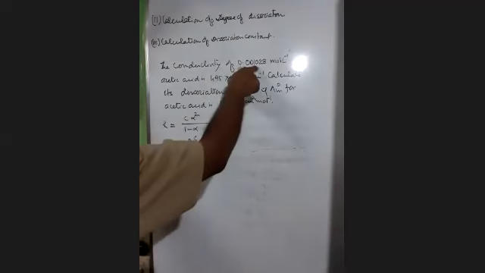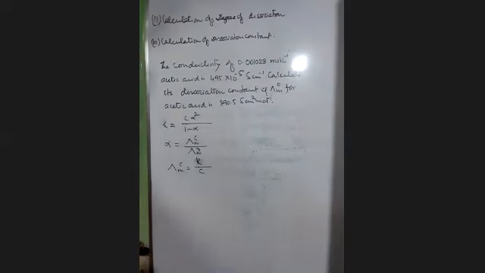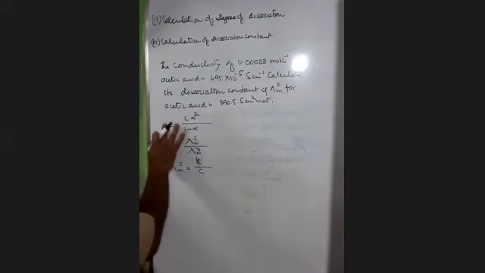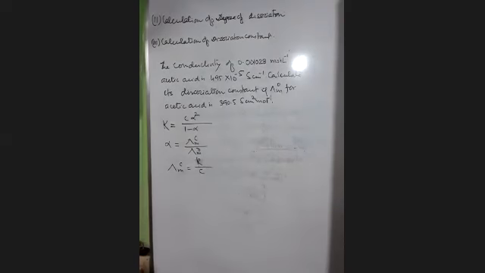So first you find this, putting in the values. Then you find the value of alpha. After getting the value of alpha, put it here. Concentration is given. Find out the solution. All these things you should know.